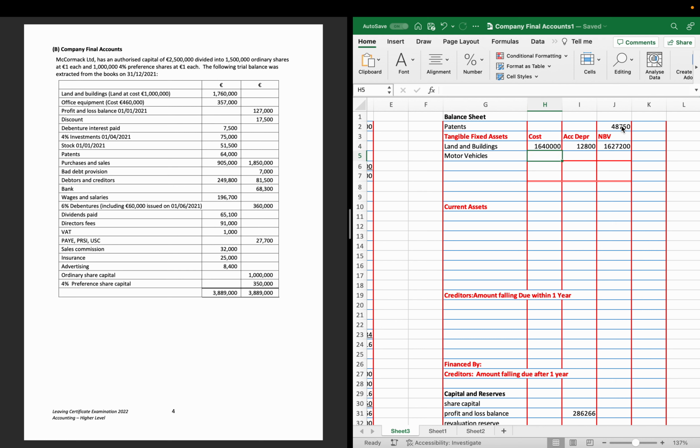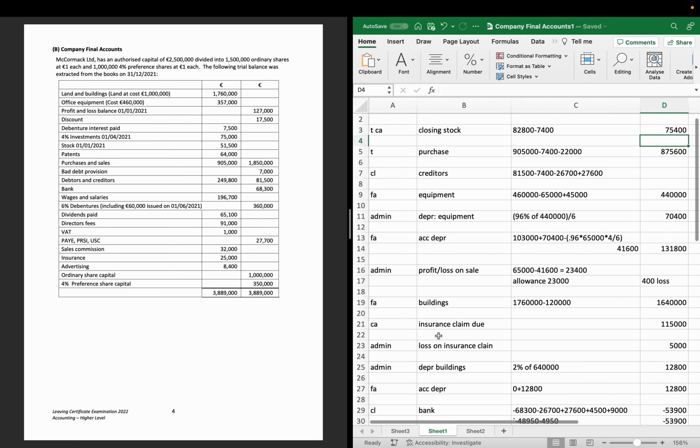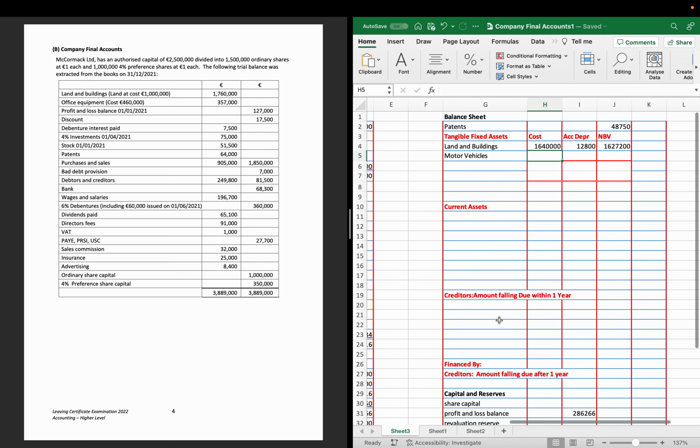You've got your equipment of 440, and your accumulated depreciation of 131,800. That's 3082. Now make sure you add them up.